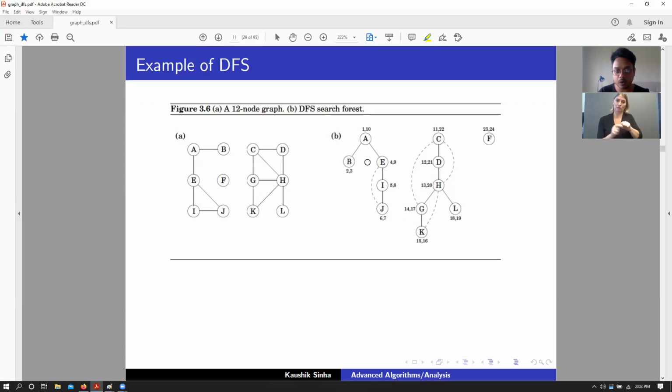If I am starting from A, then A gets a pre-visit number of 1. Once I am done exploring all of my reachable nodes from A, I come back finally to A, and then A gets a post-visit number.